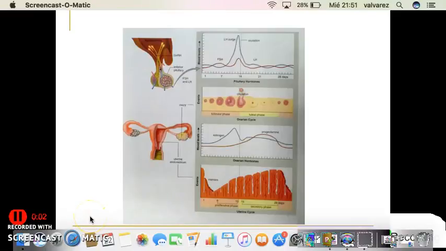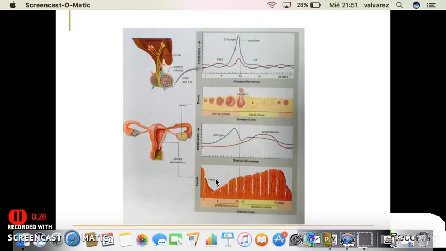People, be focused. What we referred to in the previous video that I titled the uterine cycle is exactly what we are seeing here. This event is the ovarian cycle. This event is the uterine cycle.